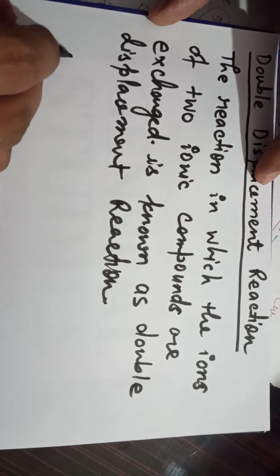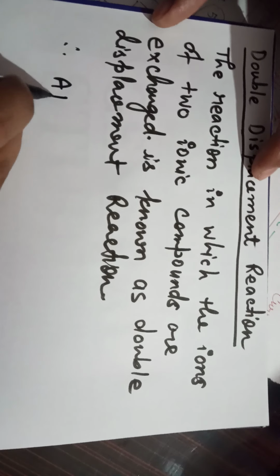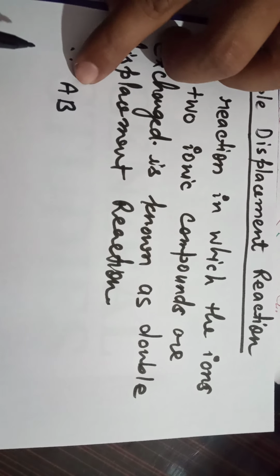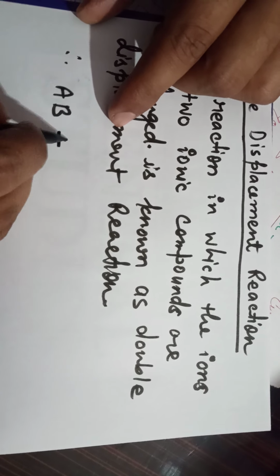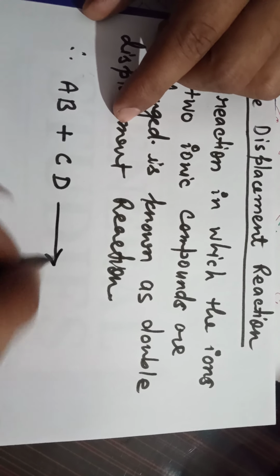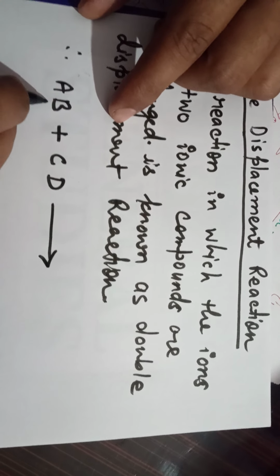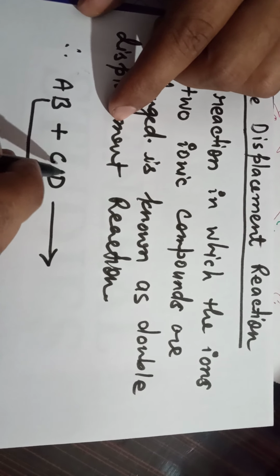I'm going to give you the general structure of this kind of reaction. Say there is a compound AB, where A is an ion and B is also an ion, and another compound CD. The reaction will happen like this.